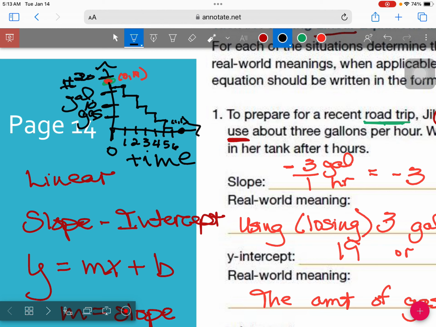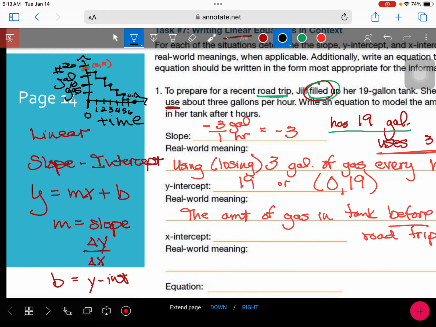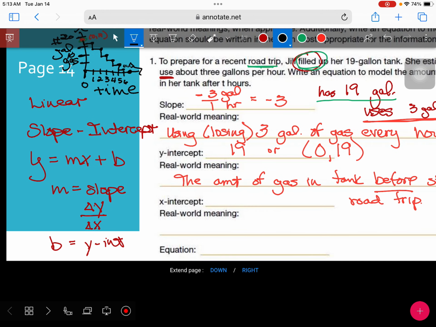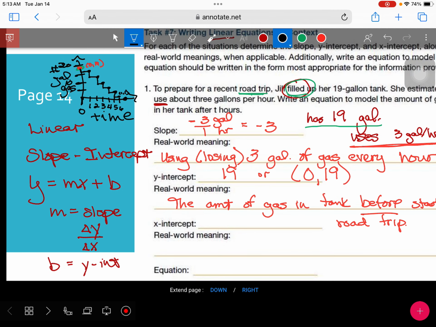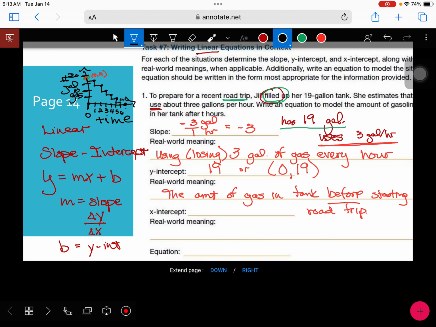So these are my points, and she's going to hit about right there, the x-intercept. I don't have a nice graph there.